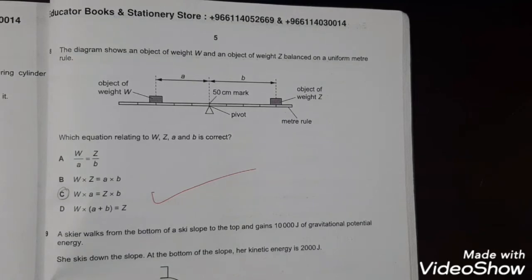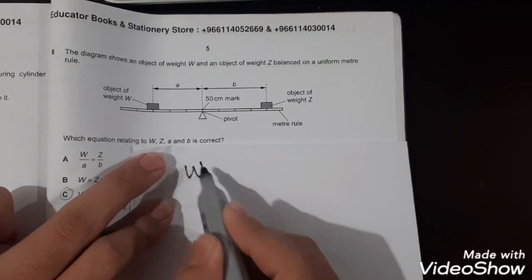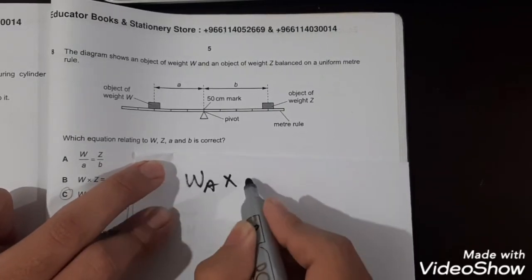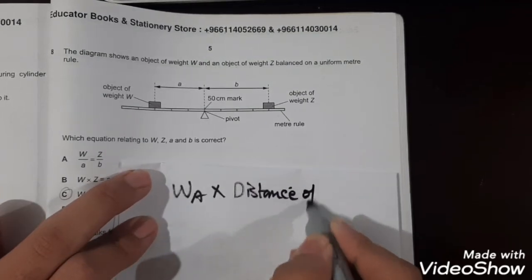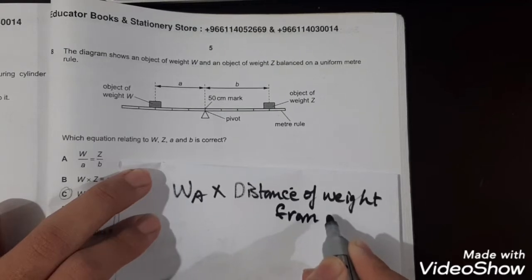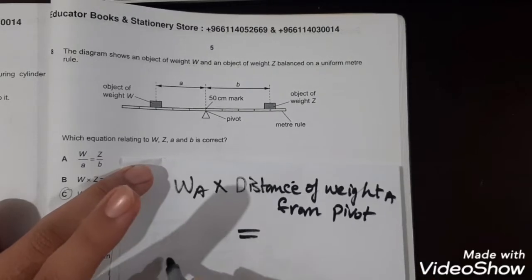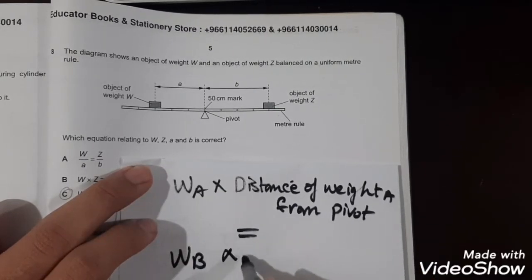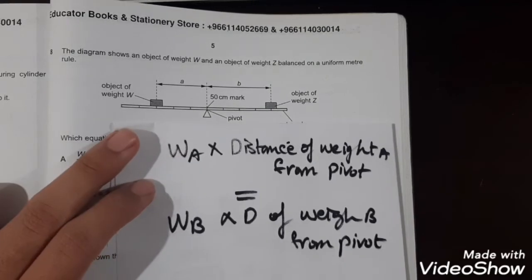So the formula to calculate the equilibrium balance value is weight of A multiplied by distance of weight A from pivot is equal to weight of B multiplied by distance of weight B from pivot.